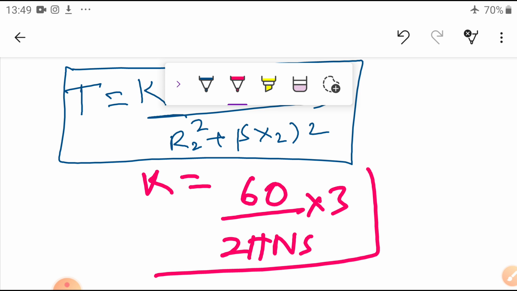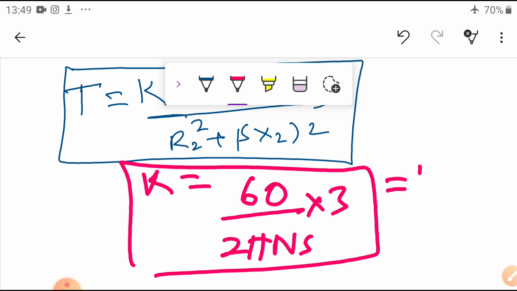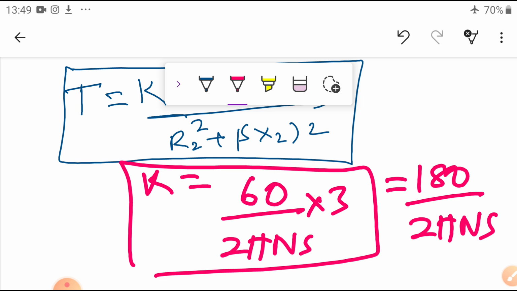Last class we have seen that one. That is equal to 180 by 2 pi Ns. That is the K value.